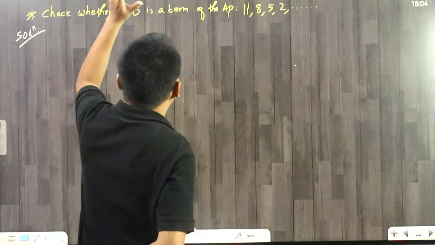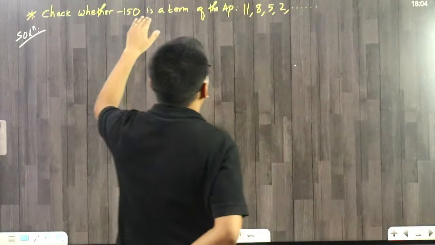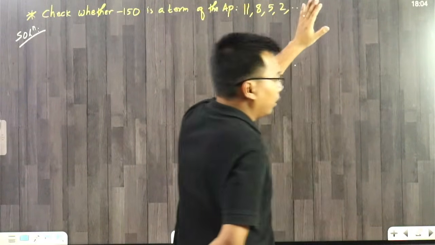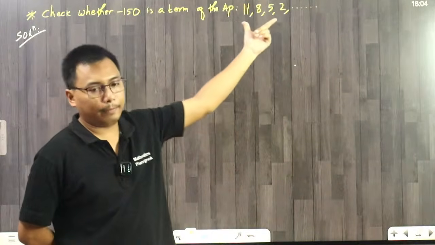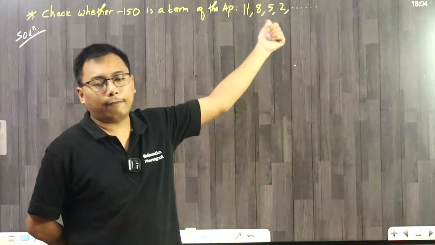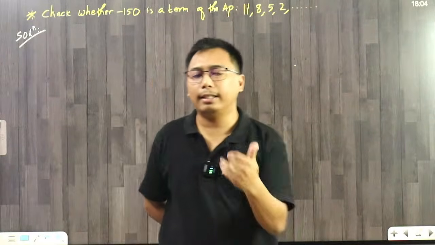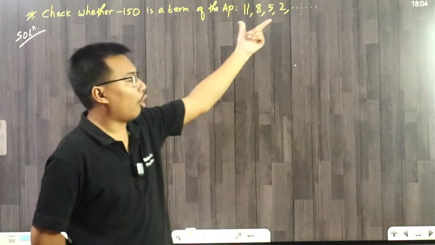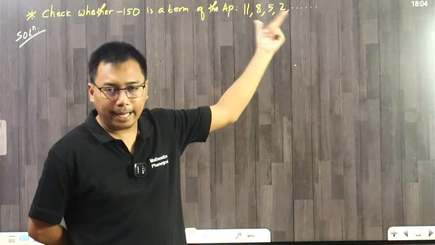Check whether minus 150 is a term of the AP 11, 8, 5, 2, and so on. As you can see, this given list of numbers is decreasing, so obviously our common difference here will be negative.